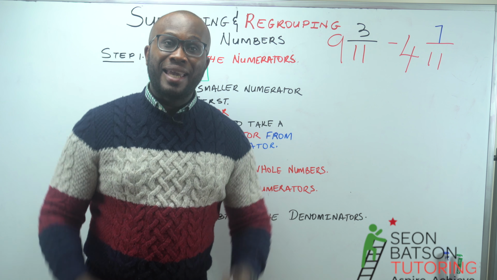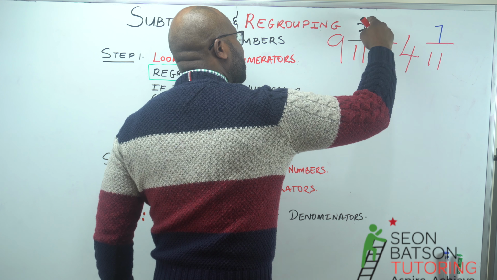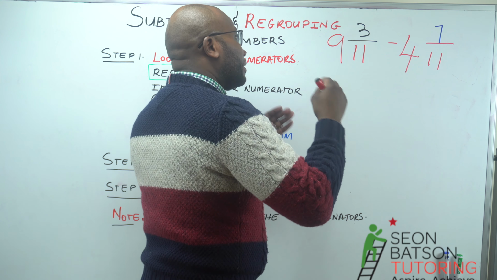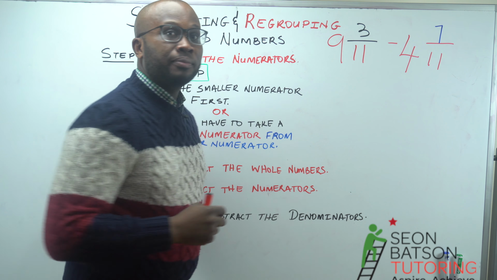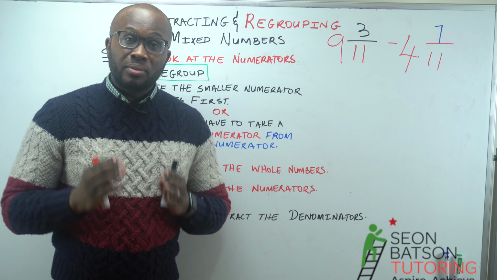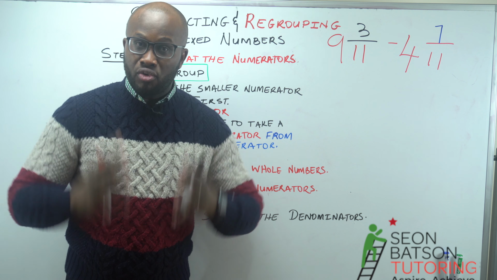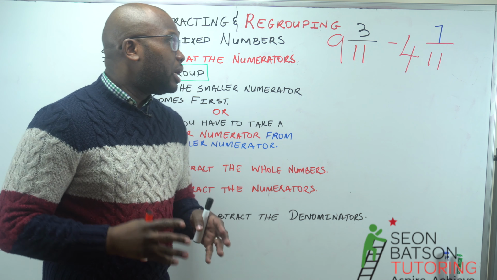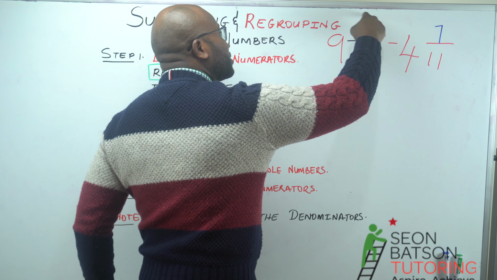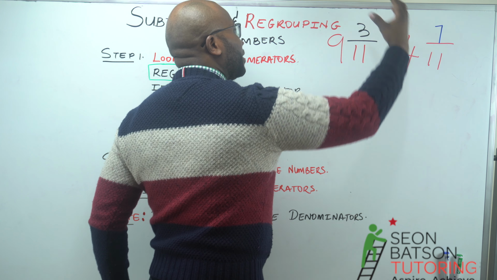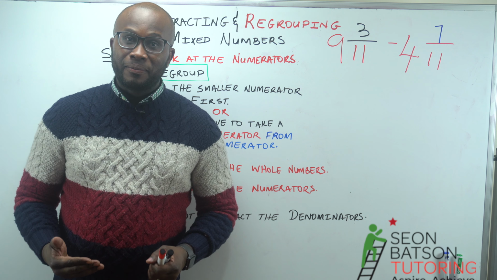Because we cannot take a bigger numerator from a smaller numerator, or a bigger number from a smaller number. So whenever the smaller numerator comes first, we will have to regroup. We regroup because we want to make the smaller numerator bigger than the other numerator. Get the idea? Very good.